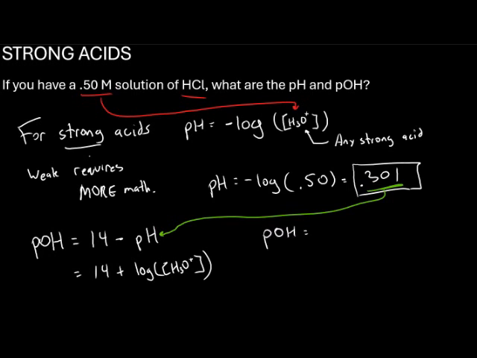We'll say the pOH is equal to 14 minus 0.301. We'll end up with 13.699 for our pOH. And so this is how we find the pH and pOH of a strong acid.